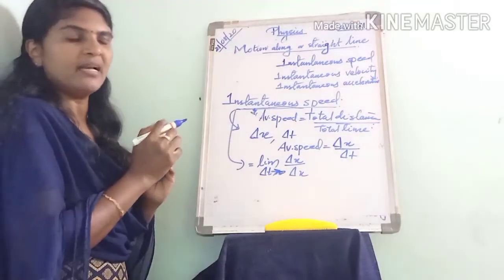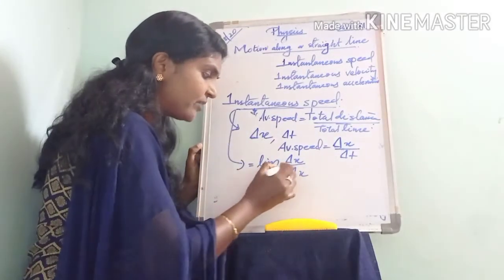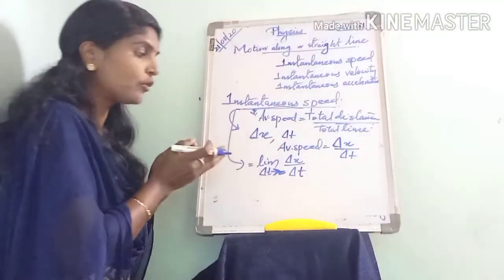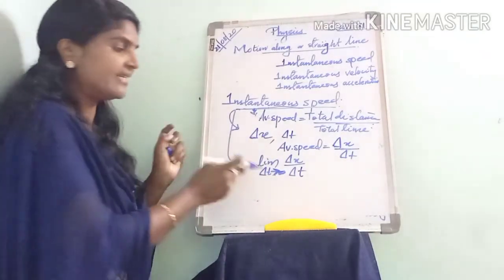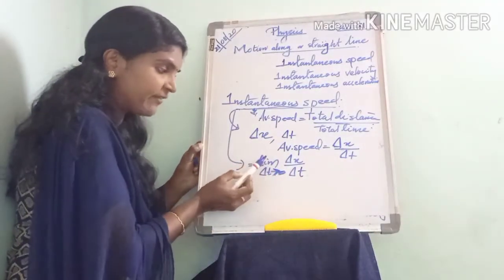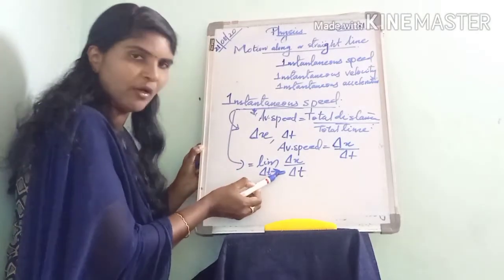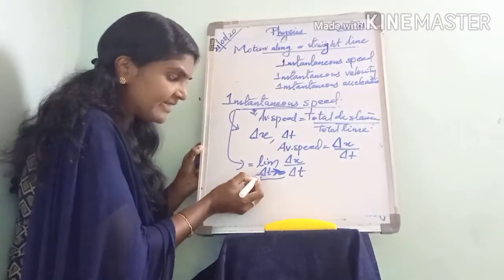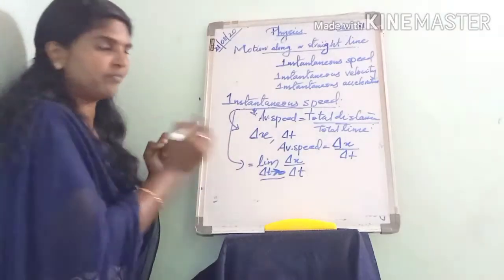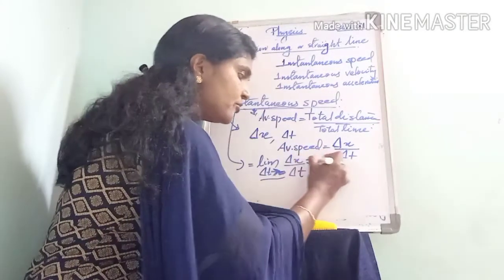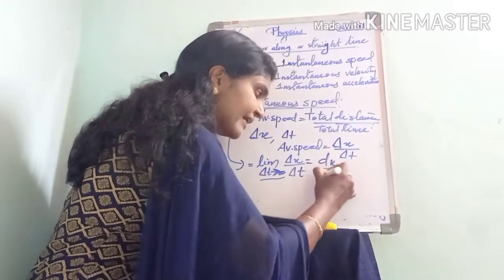Delta t approaches 0 means delta t is not 0, it is close to 0. So we apply the limit as delta t tends to 0 of delta x by delta t, which is equal to dx by dt.